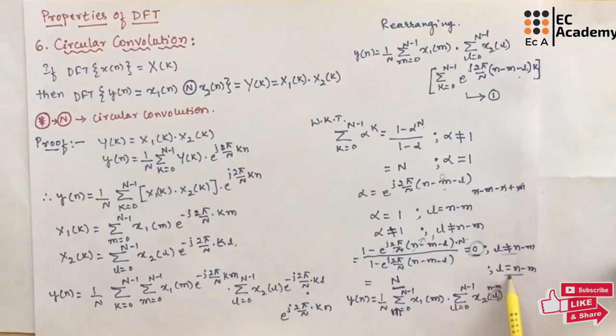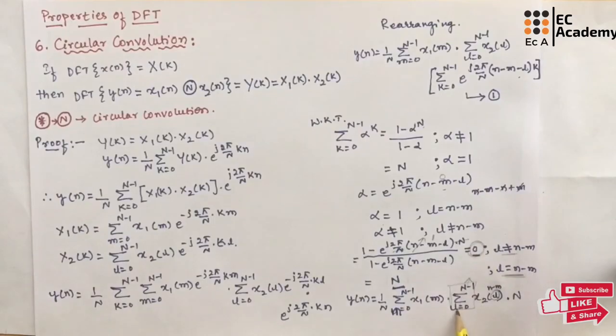So if we take L is equal to n minus m, the term will be equal to n into this entire term we have already calculated here, the value is n. Here we can ignore this summation value, because L is having only one value, which is n minus m. For other values we are getting the value as 0.